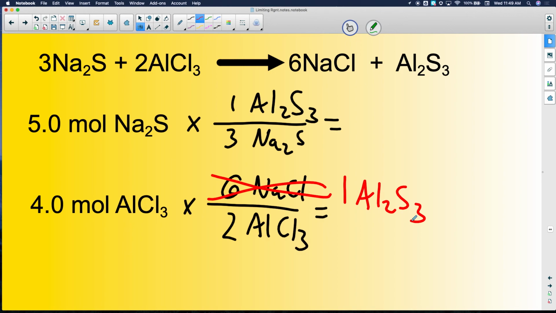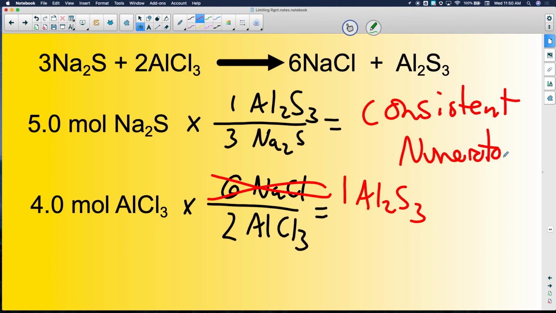It doesn't really matter which one you pick. Whichever one you pick, you want to use in both of your numerators. So let's write down: consistent numerators. You want to have consistent stuff up in your numerator.